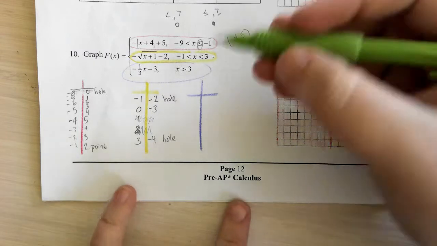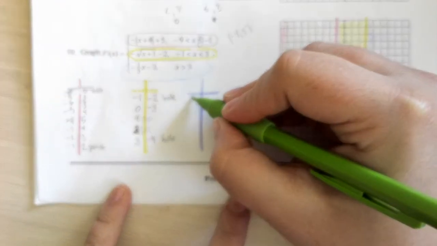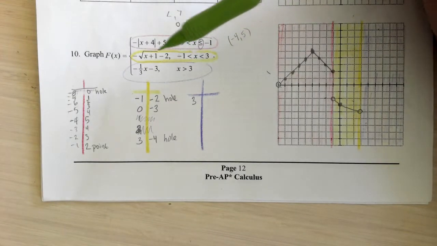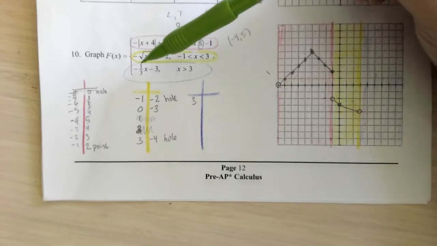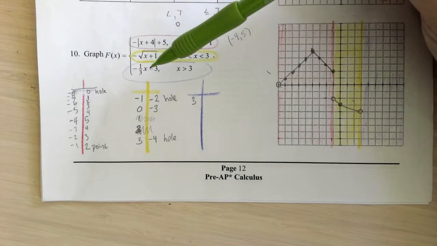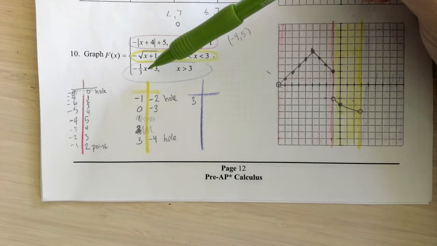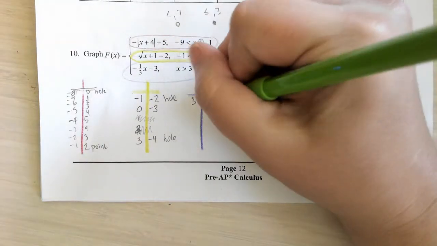So when I make my table, I'm going to start with 3, and then plug in 3. I know it has a fraction, but we can get used to fractions. Negative 1/3 times 3 would give me a negative 1, minus 3 would give me a negative 4.